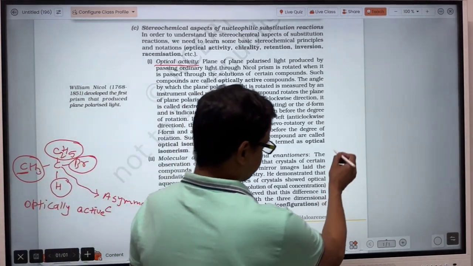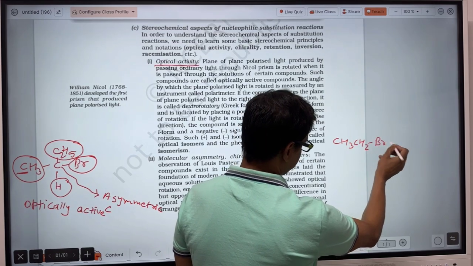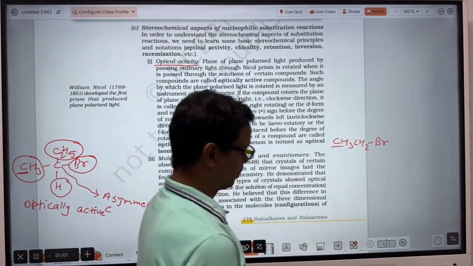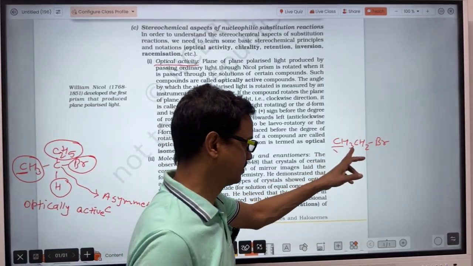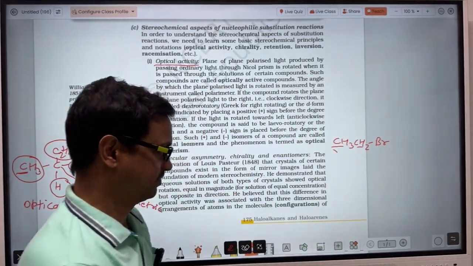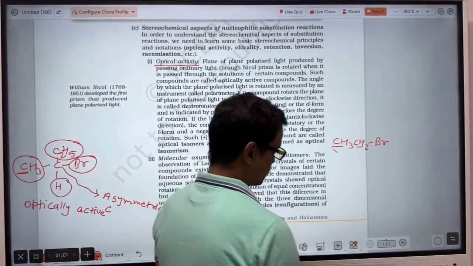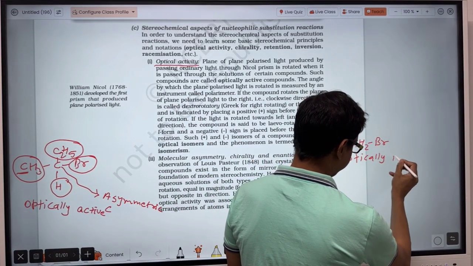But suppose this compound: this carbon here has 3 hydrogen atoms which are the same. So this is not an asymmetric carbon. In this carbon also there are 2 hydrogen atoms. So this is also not an asymmetric carbon. So this compound will be optically inactive.